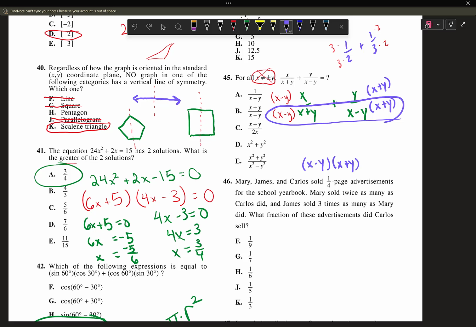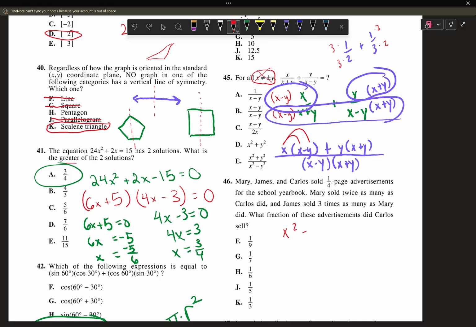Just think back to our 1/2 plus 1/3 example. At the top, we've got a little bit of simplifying to do. We have x times x minus y here, plus y times x plus y. I look at the answer choices, and we're not there yet, so we need to distribute. I'm running out of space, so I'm going to do it down here.